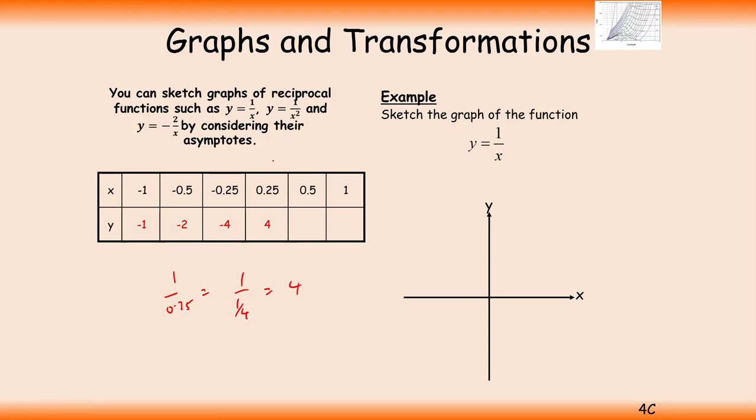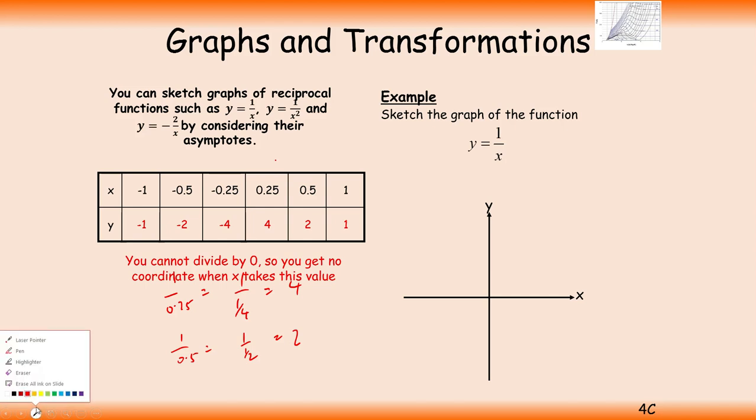Same thing, 1 over 0.5 is equal to 1 over half, is equal to, we invert that, so it's 1 times 2 over 1, which is just 2.